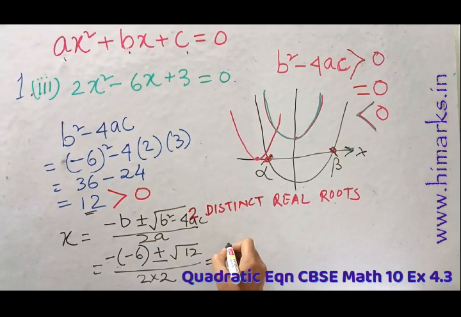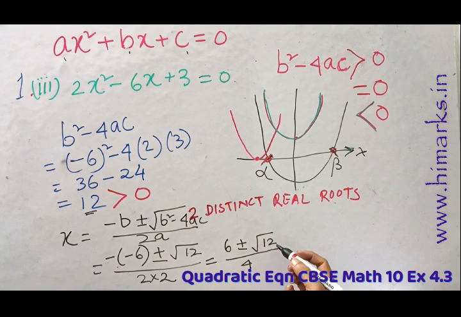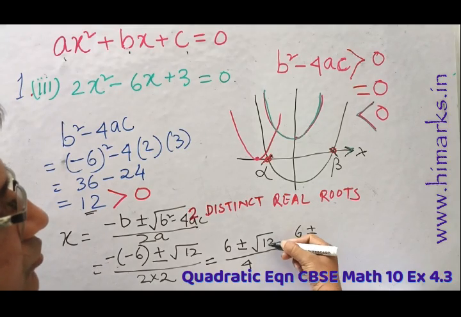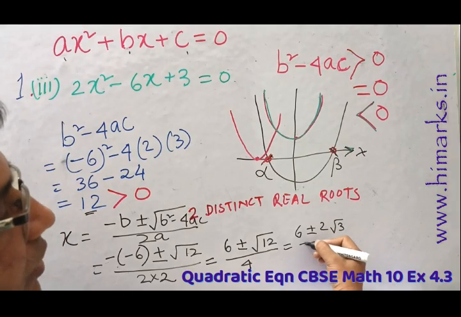Minus and minus 6 is 6, plus minus root 12 by 4. Now see here it's 12. 12 is 4 into 3. So the square root of 4 will be 2. So here next is 6 plus minus 2 root 3 by 4.